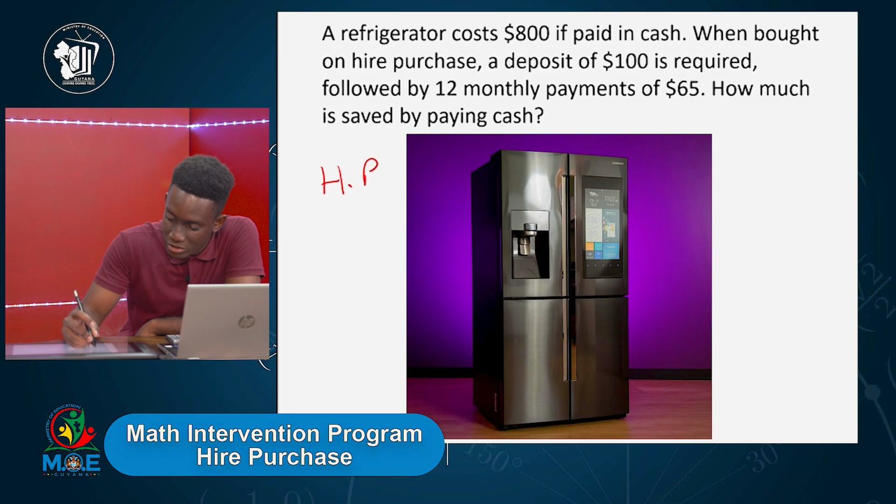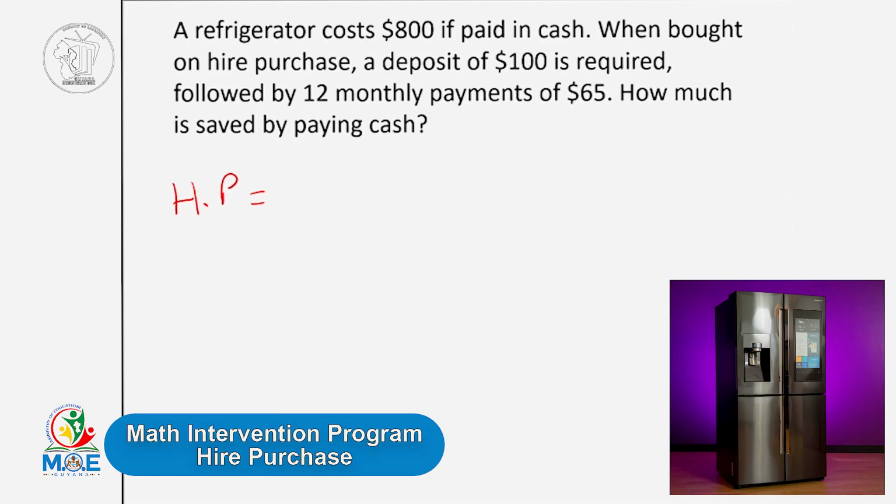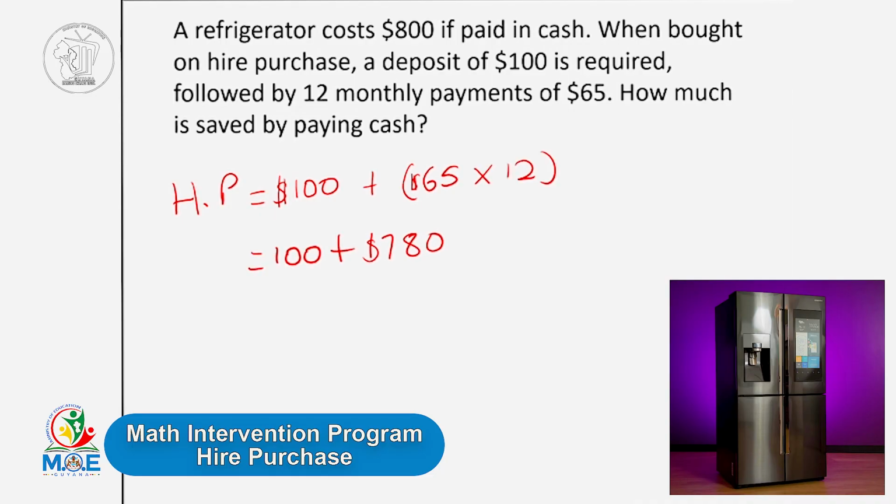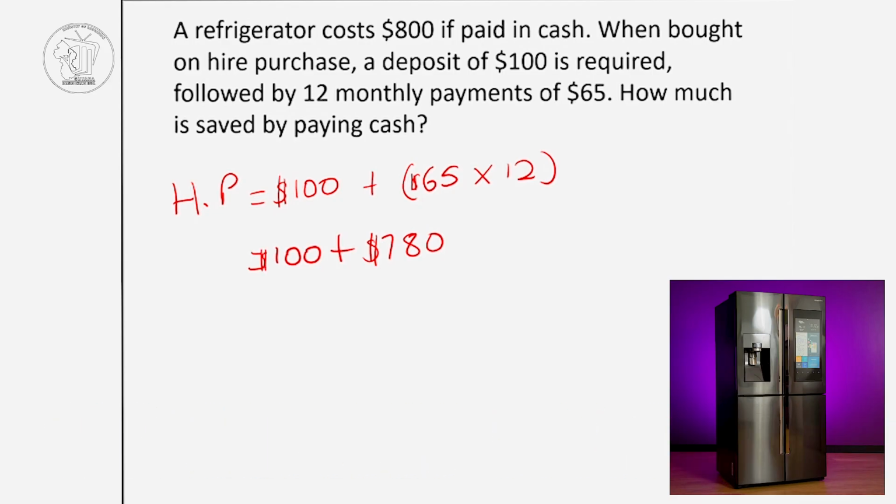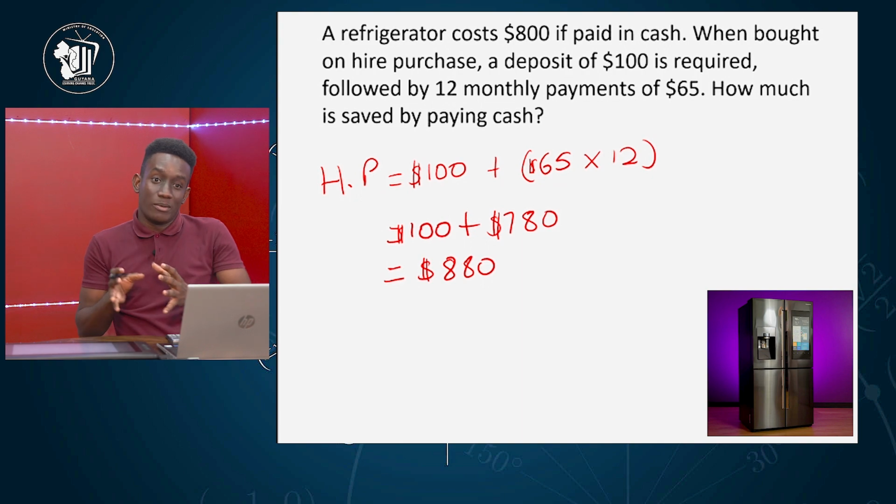So the hire purchase price would be, we see that they have to make a deposit of $100, so it's 100 plus the 12 monthly installments of 65, times 12, which would be $780. When we work this out, we get a value of $880. So this is the hire purchase price.